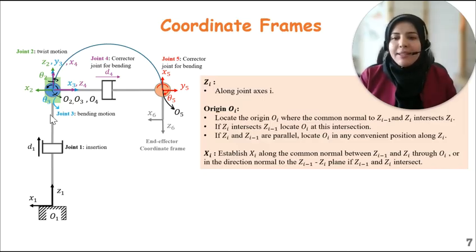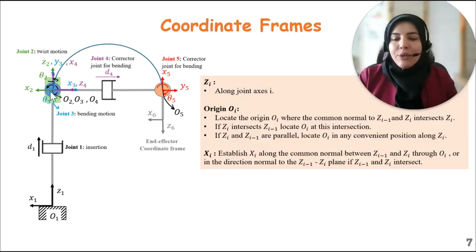Z1 is along the translational motion of joint 1, and the same for Z2, Z3, Z4, Z5, and Z6. For O1, we can set the origin anywhere along axis Z1. And for O2, since Z1 and Z2 are parallel, it can go to any convenient point along Z2. We select this point here.